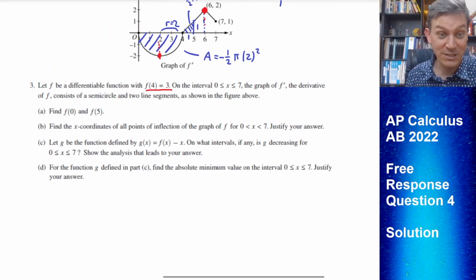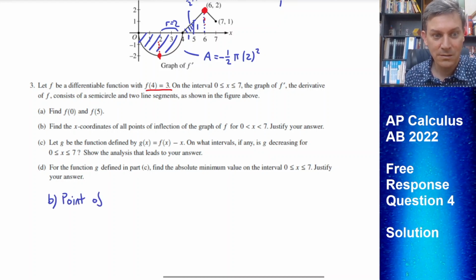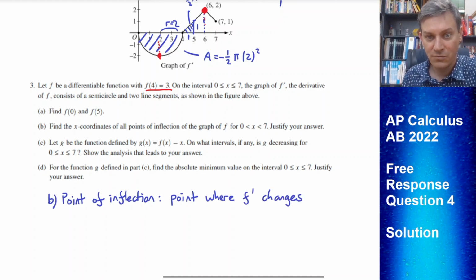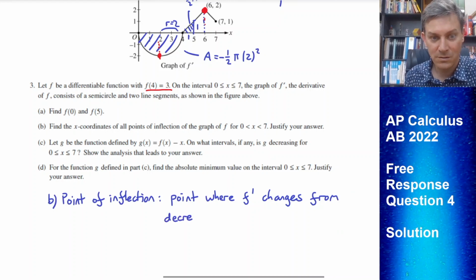Okay, so that's the answer. We need to justify our answer, so that means we should define what a point of inflection is. This is a point where f prime changes from decreasing to increasing.